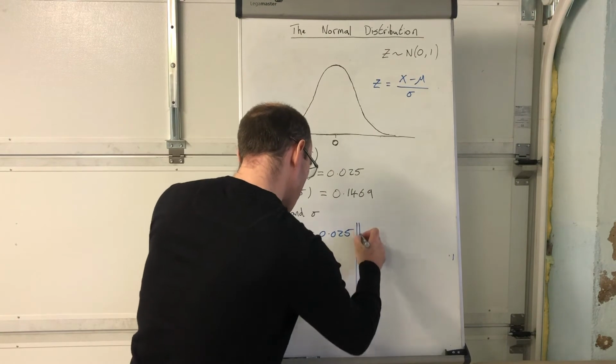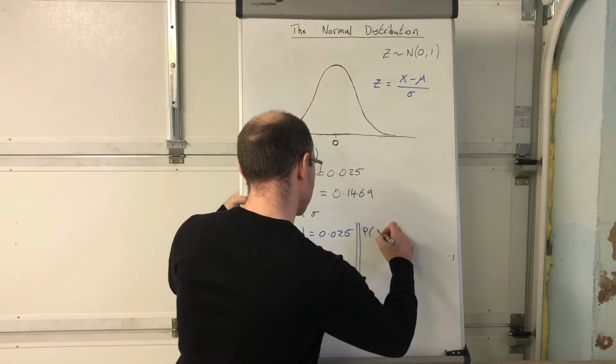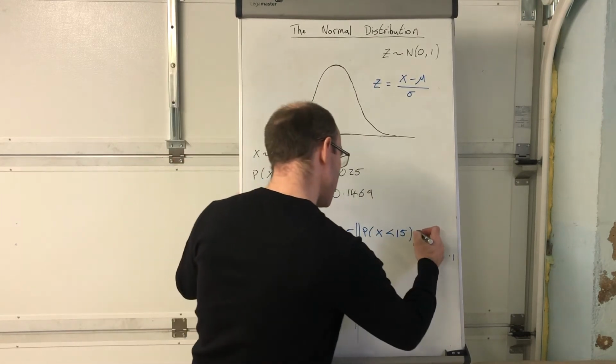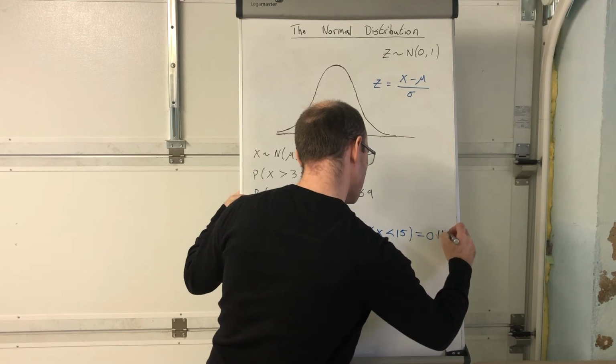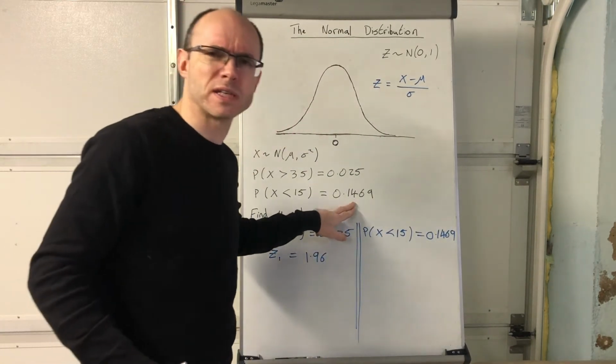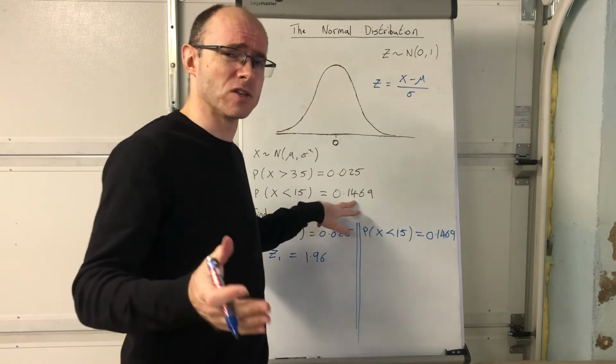So the next one, let's just separate this off, is going to be this, and I've got a feeling this is going to be more challenging. Probability x is less than 15 equals 0.1469. Because it's 0.1469, that's not going to be in the points table, so we have to use the first table, the larger table.